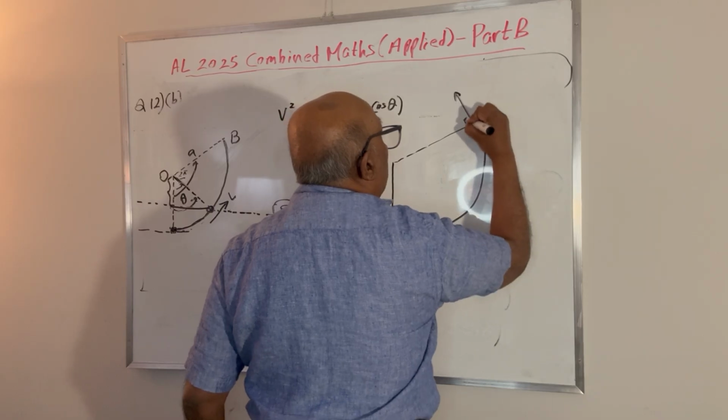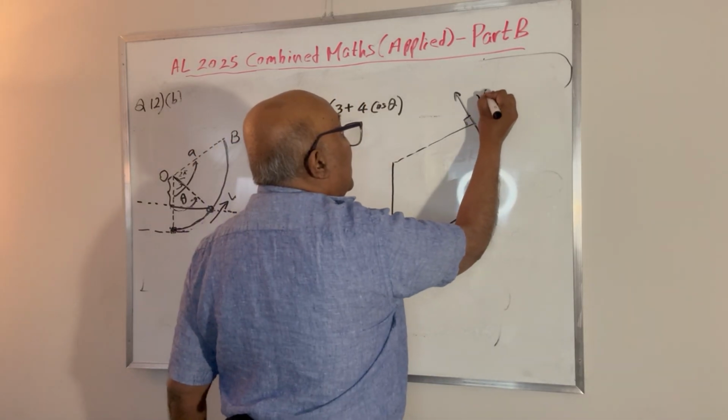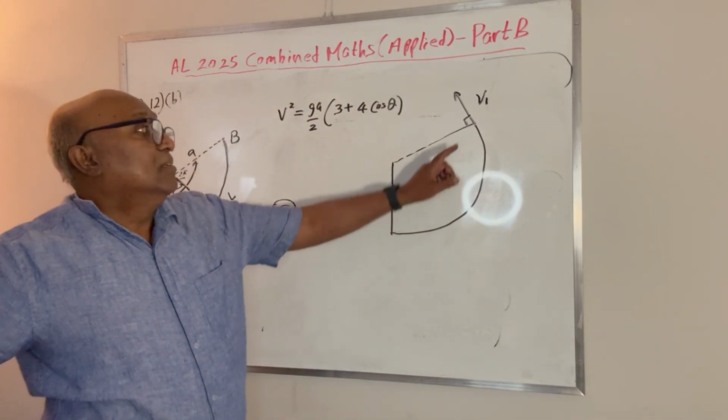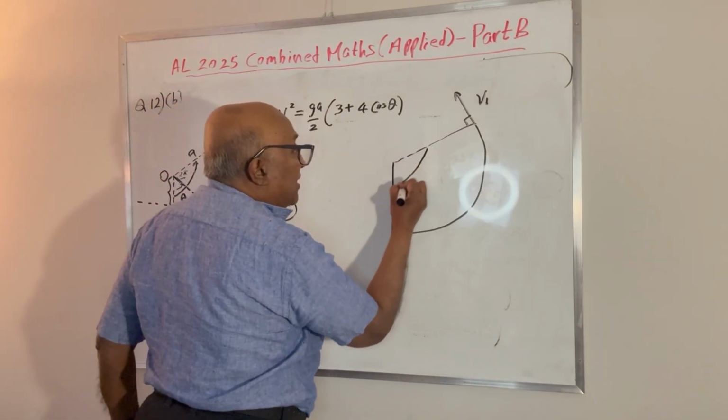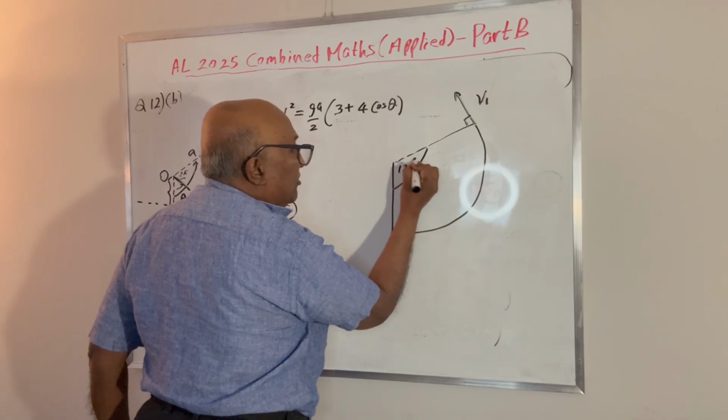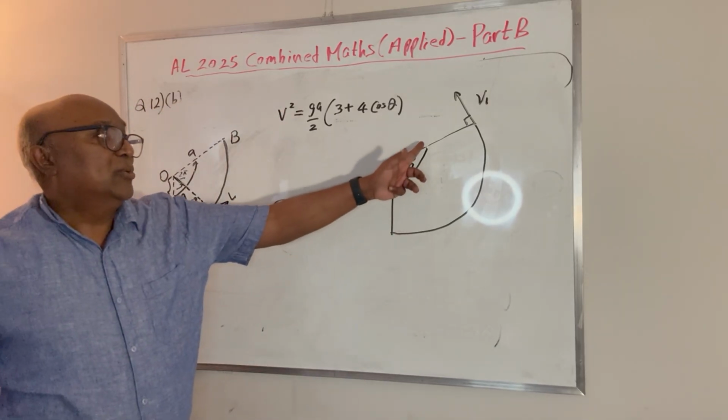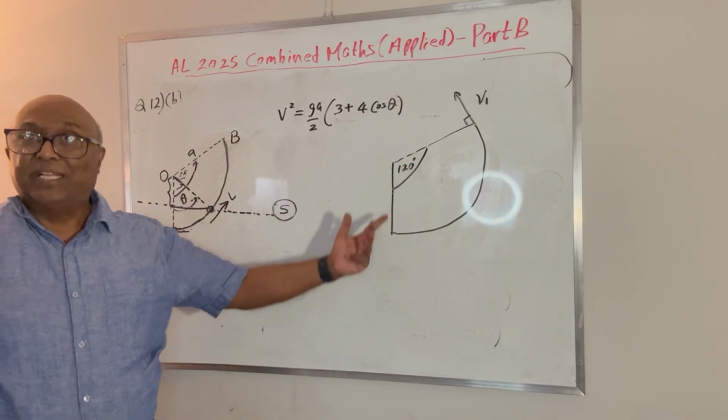Let's say this is the velocity of the particle when it is leaving the wire. This angle is 120. For our convenience, whatever it is, I showed it in degrees.